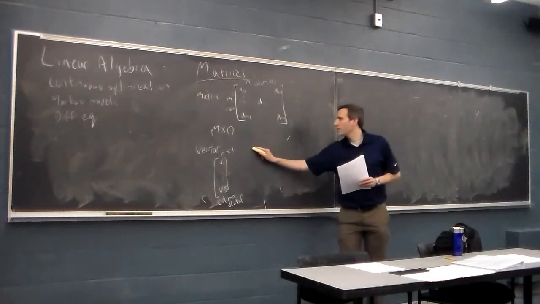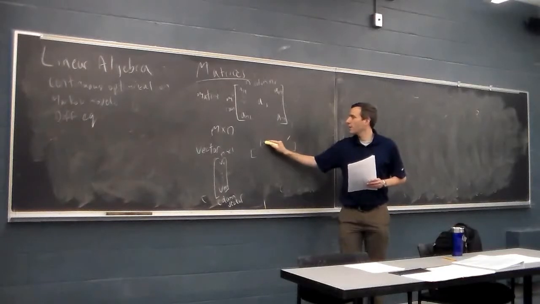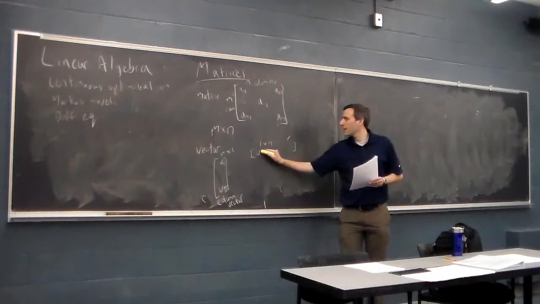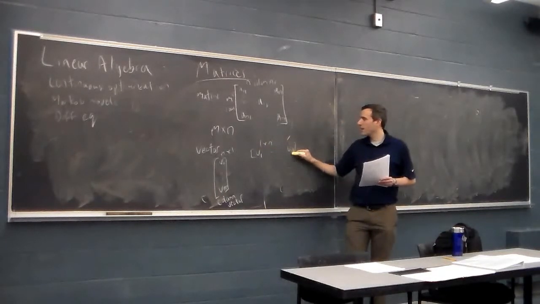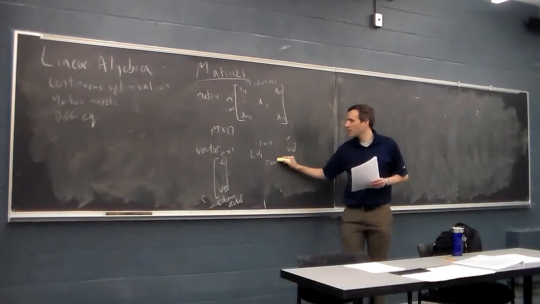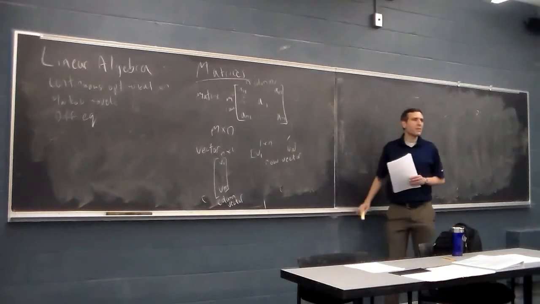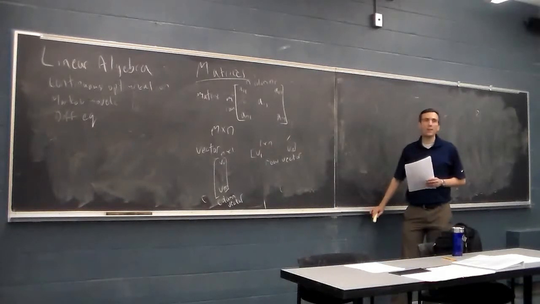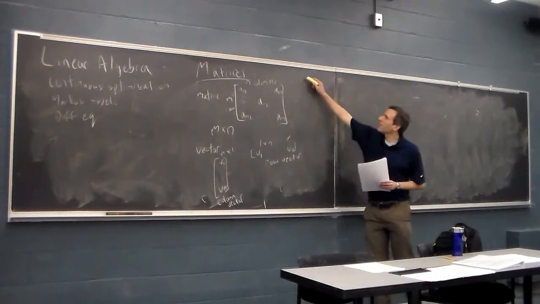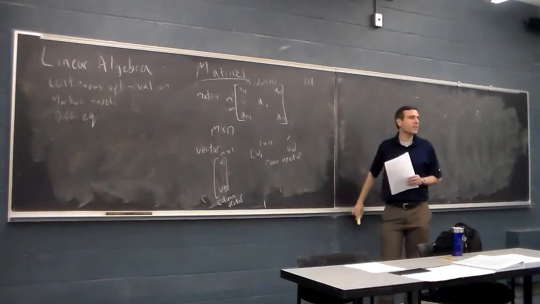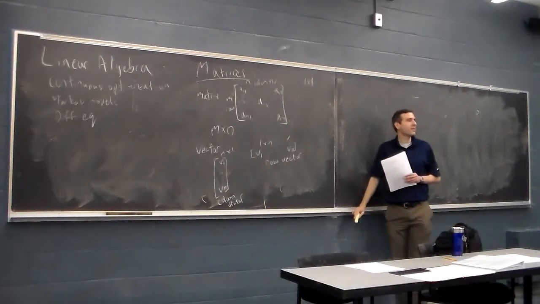Or we could have a 1 by n vector, so that would be elements v1 through vn, and this we would refer to as a row vector. There's one other special case we need to care about, and that is a 1 by 1 matrix. Does anyone know what that's called?